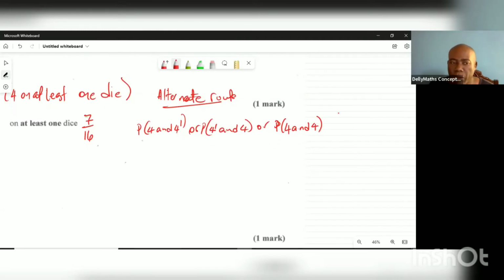So we're talking about the possibility if you throw it, what's the probability of getting at least 1? So we're talking about a 4 on this die, but when you throw the 2 dice, something else happened with the other die. Or you think about, let us see we get the 4 one time.